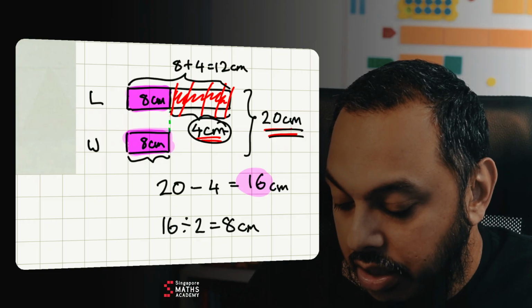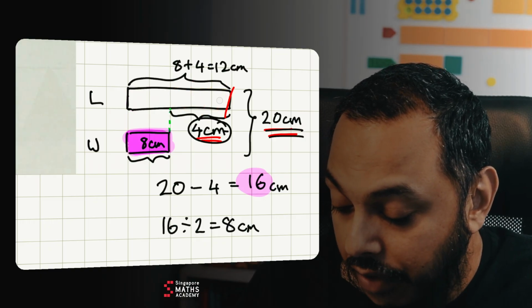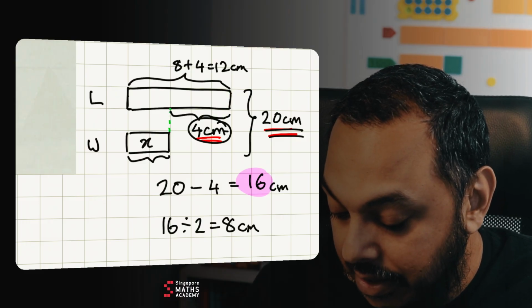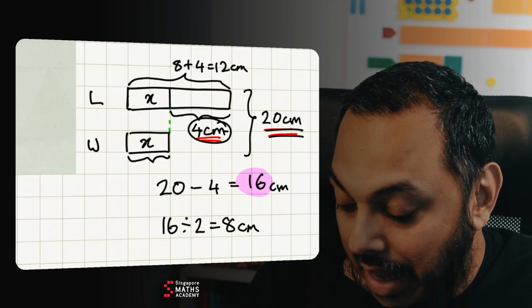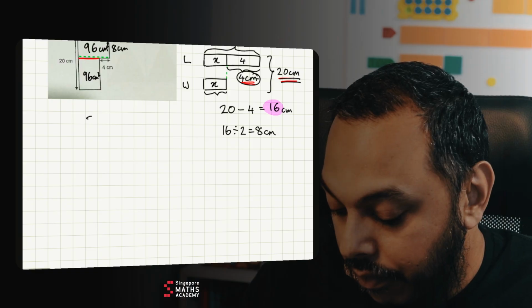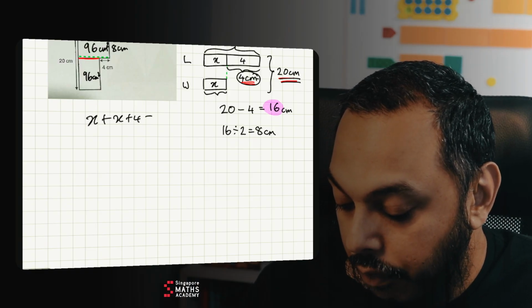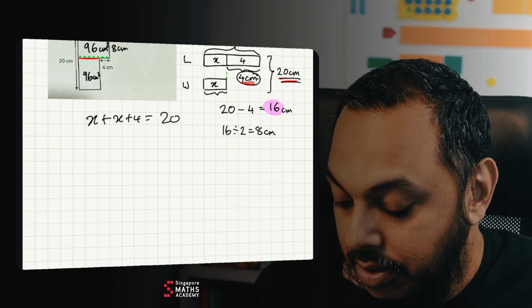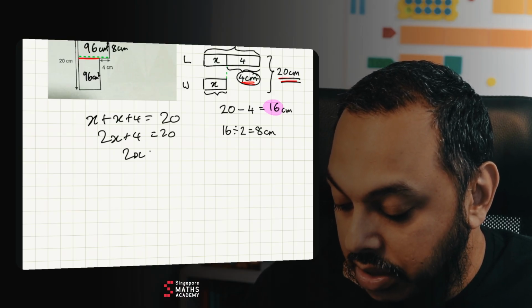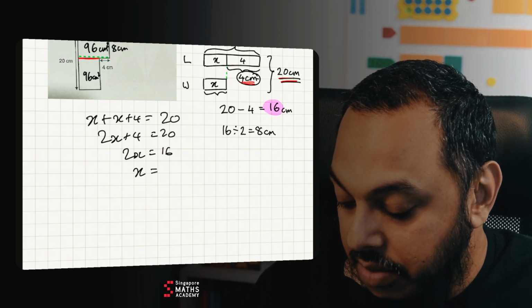And of course, in the future, when we do cover algebra, then this question could be seen as x add 4, and x add 4 equals 20 centimeters. And so 2x plus 4 equals 20. Therefore, 2x must equal 16 and x must be 8.